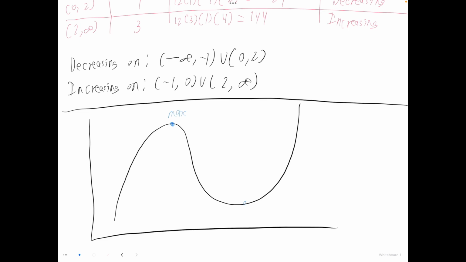And a point where we change from decreasing to increasing is a minimum. This is not a coincidence. If you were going up and then started going down, that point where you changed is going to be the largest possible value in the area, so it'll be a local max. And if you were going down and then started going up, then that point will be the smallest value nearby, and so it's going to be a minimum.